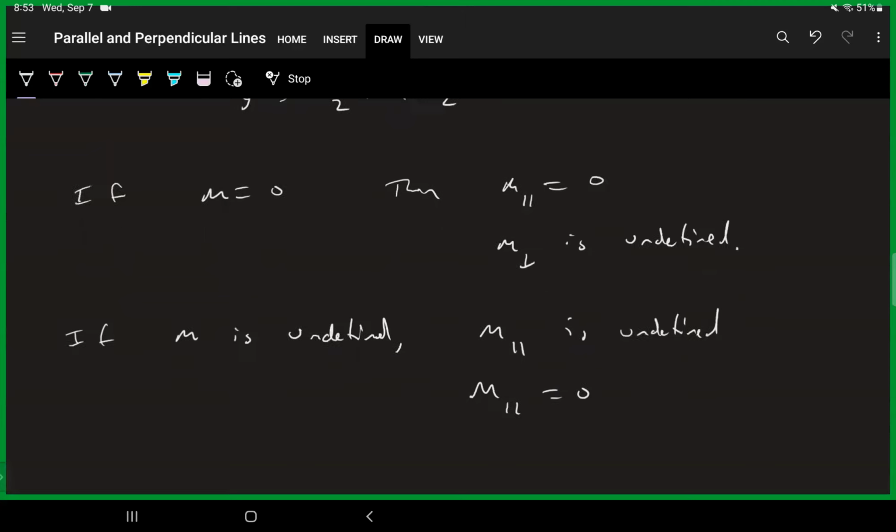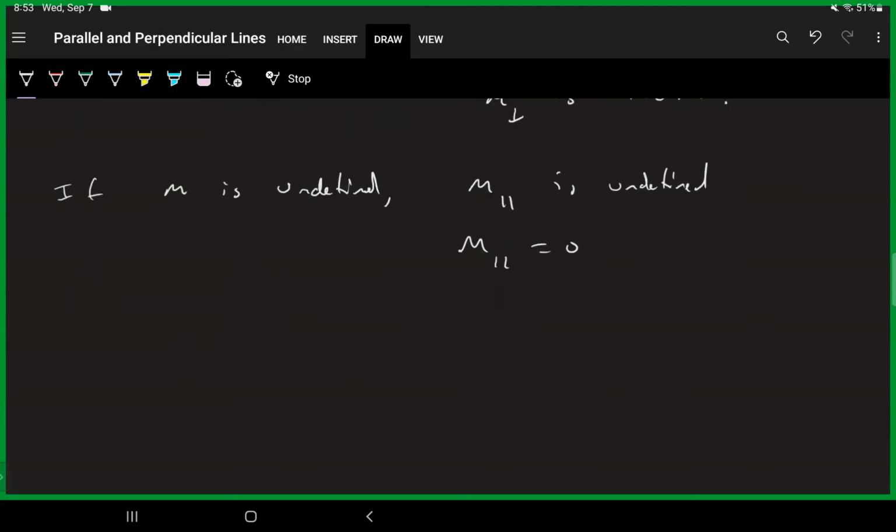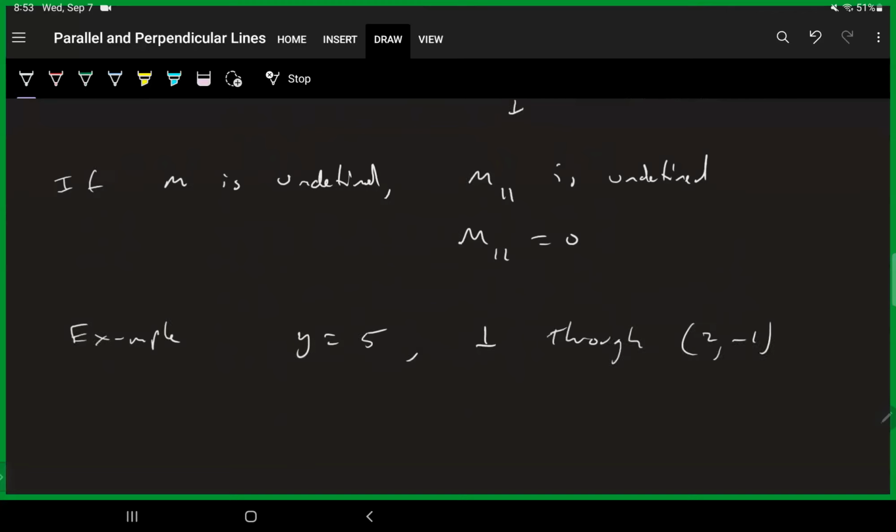Let's do one example. So if I'm looking at y is 5, and I want a perpendicular line going through 2, -1.